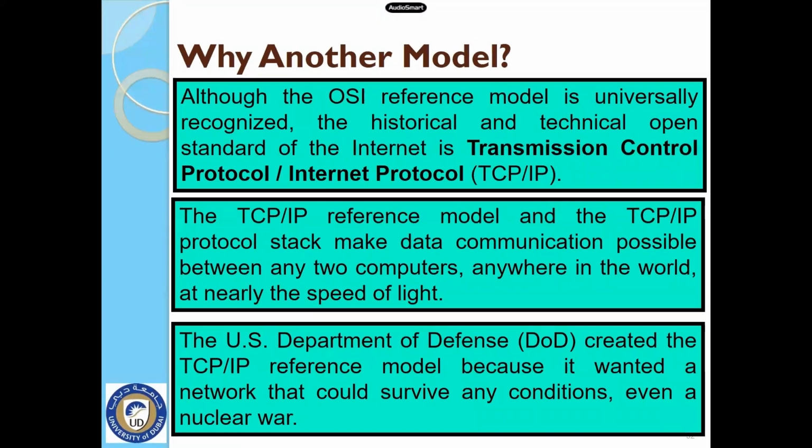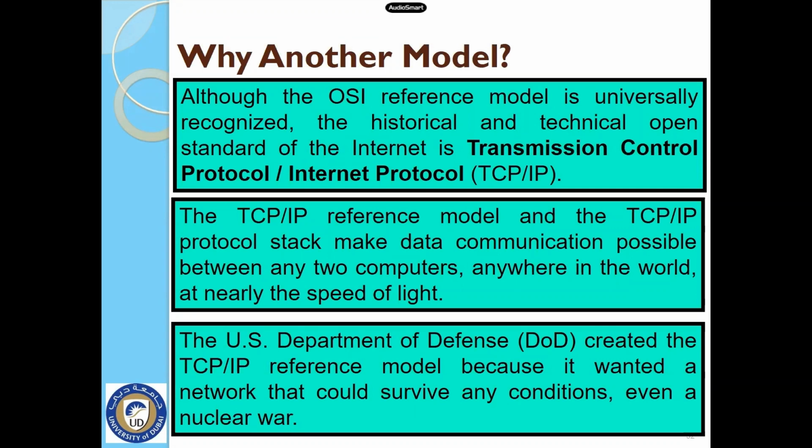The OSI model works fine and is universally recognized. People nowadays still use the TCP/IP model. It's a more open standard of the internet. For nowadays usage, people prefer the TCP/IP model.